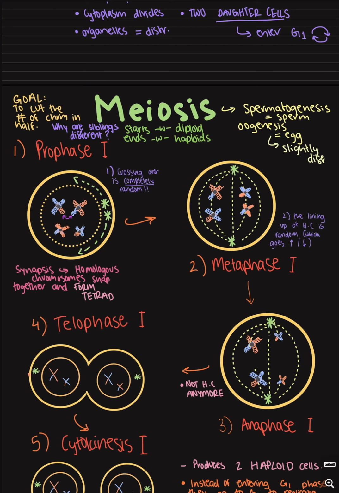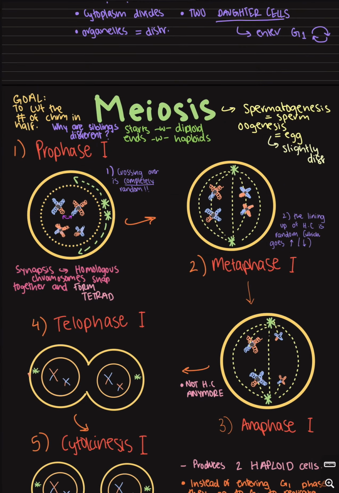Well, because during fertilization, when the sperm fertilizes the egg, in humans, if the sperm has 46 chromosomes and the egg has 46 chromosomes, when they combine, the offspring would have 92 chromosomes, which is not what we want. We want it to stay 46 chromosomes. So the goal of meiosis is to make those 46 chromosomes into 23 chromosomes, at least in humans, and the number varies in different species.